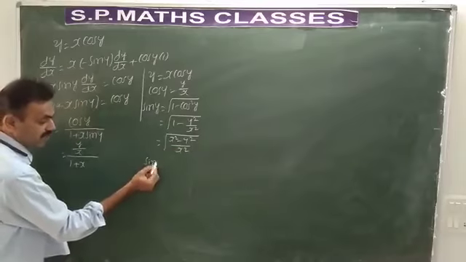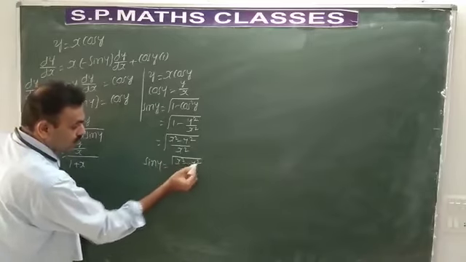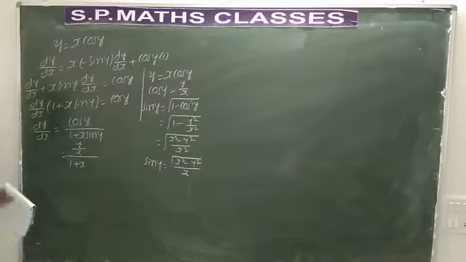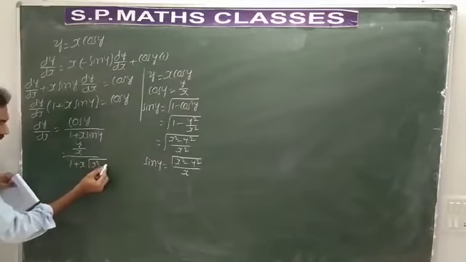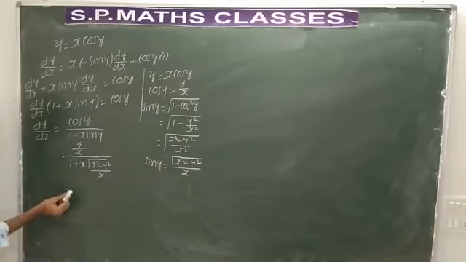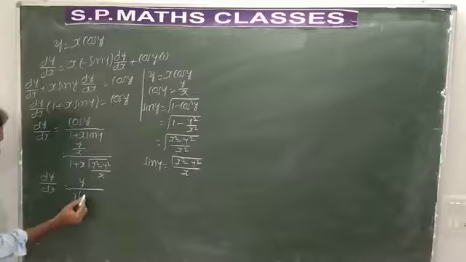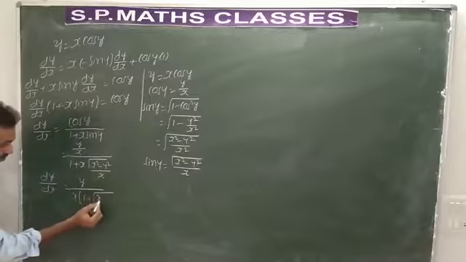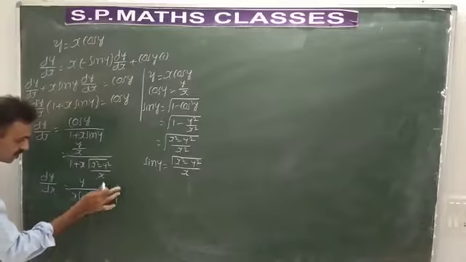So sin y can be written as root of x squared minus y squared divided by x. So x gets cancelled. What is dy by dx here? dy by dx will be y divided by x into 1 plus root of x squared minus y squared. So, this is what the answer is.